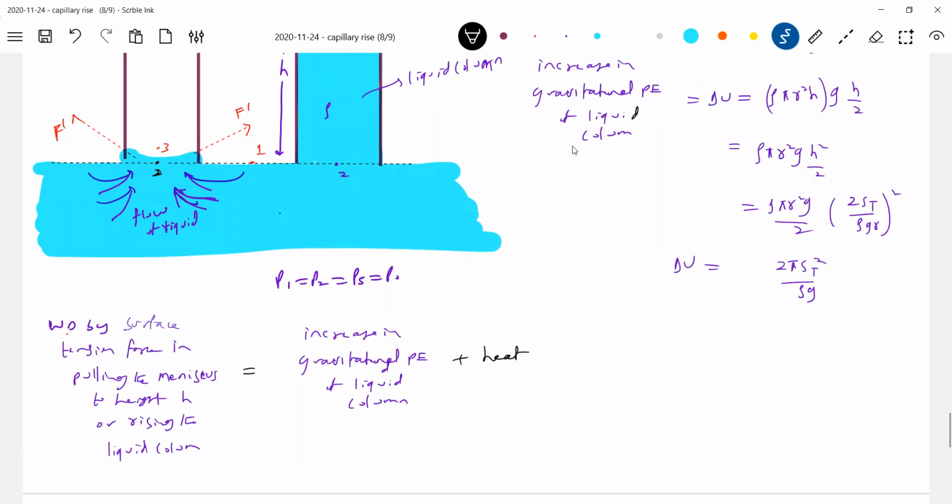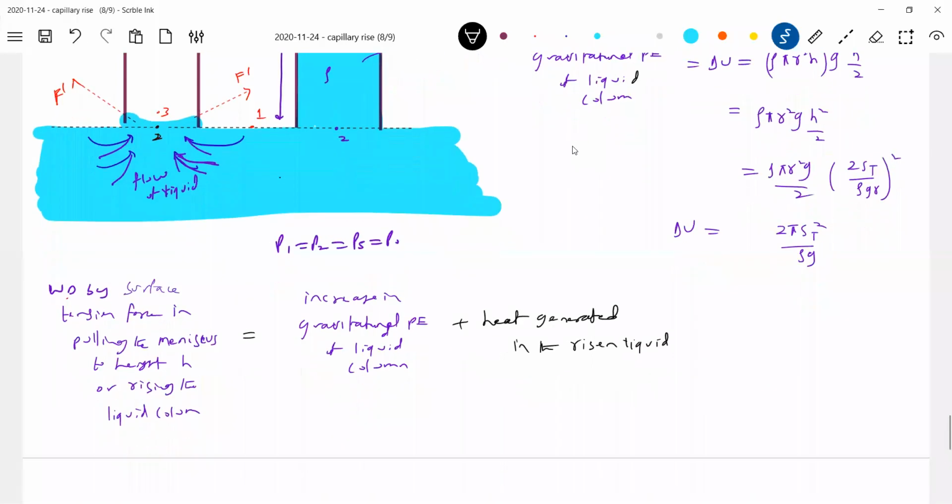Plus heat generated. Where is the heat generated? Heat generated in the liquid, not in the capillary glass tube, in the liquid only. Heat generated in the rising liquid, or better, the ascended liquid. Rising liquid.